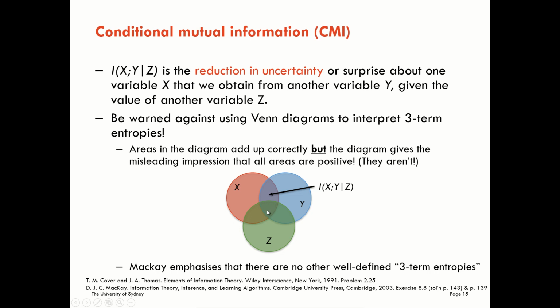And that difference there, that piece, is not necessarily positive. Okay, so this is why MacKay warns very explicitly that there are no other well-defined three-term entropies apart from conditional mutual information terms, and suggests that we shouldn't really use these Venn diagrams beyond two variables.